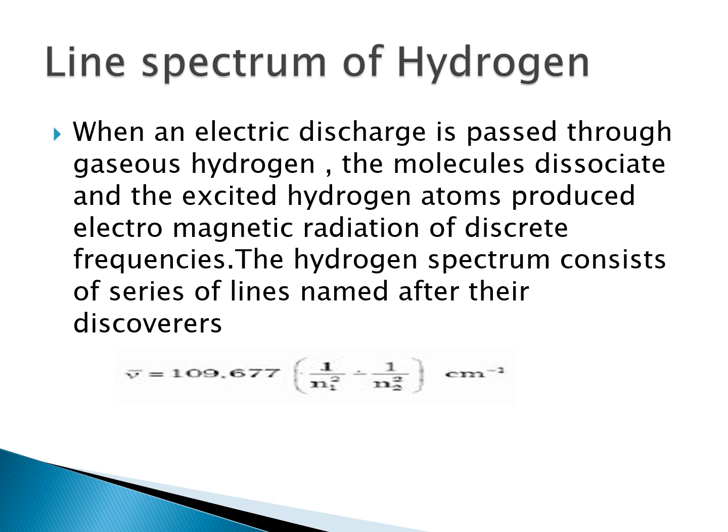The wave number is equal to 109.677 (1/n1² − 1/n2²), where n is equal to 1, 2, 3.